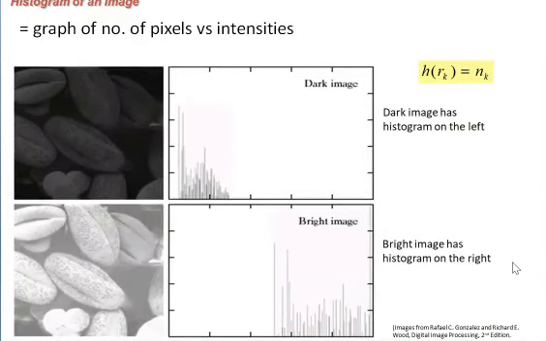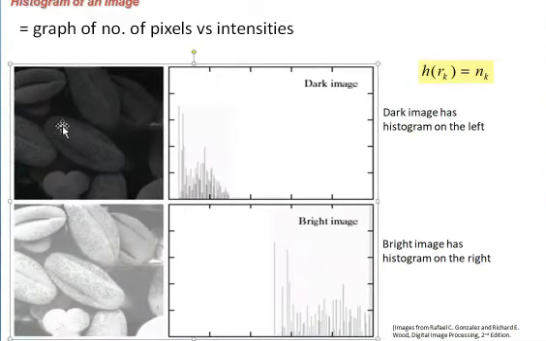The histogram of an image is a graph of the number of pixels versus intensities, and the formula is h of rk is equal to nk. Take an example. This is an image, and you can easily see that it is a dark image.